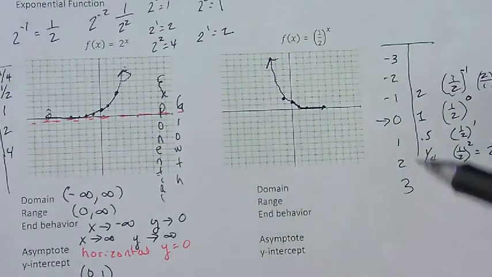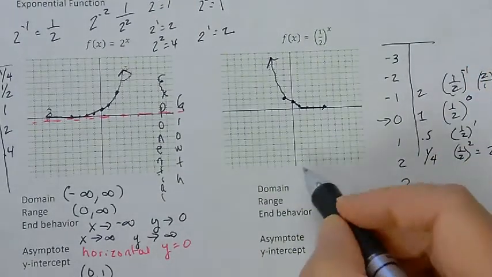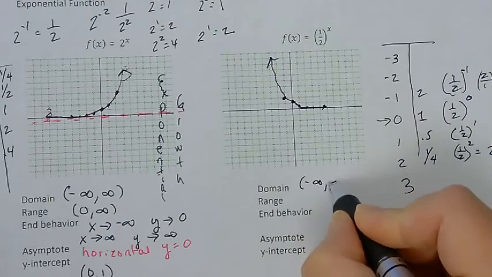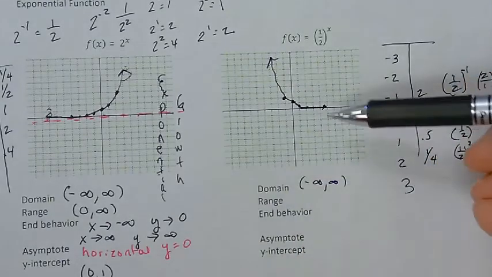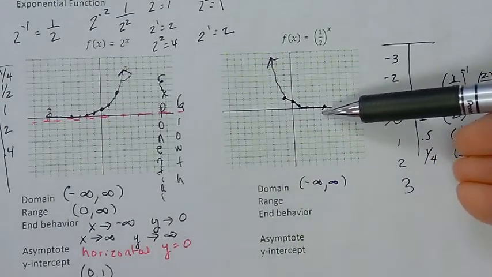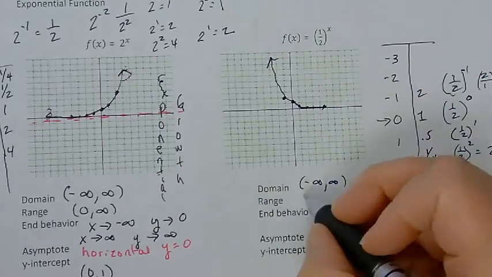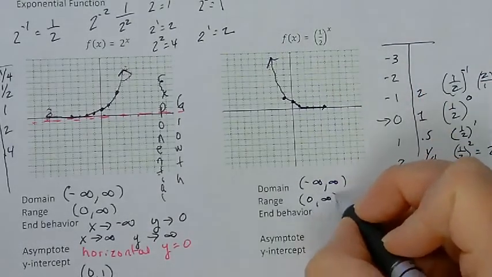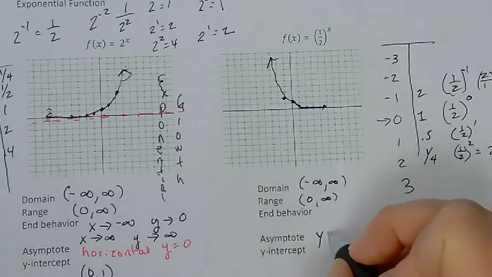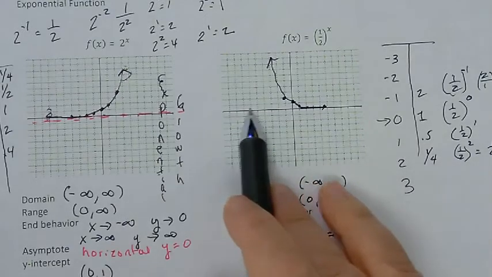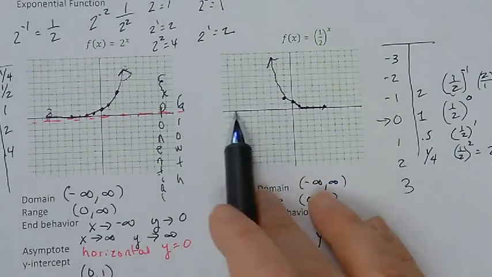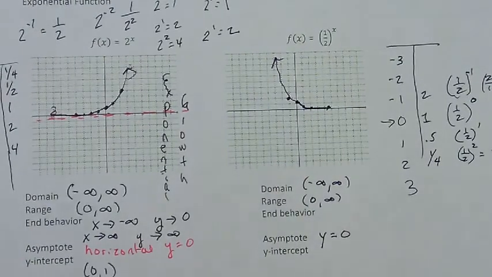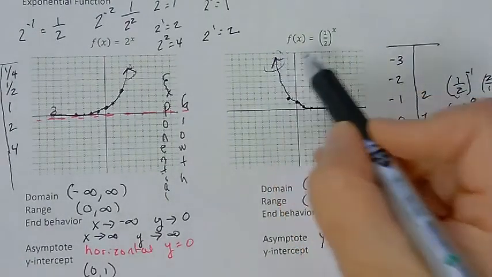So again, the domain, I can put whatever number I want to. I can put -infinity to infinity. The range, again, the output value is going to start at 0 and go to infinity. So that means that the asymptote, again, is at y equals 0. This is a line that the graph is going to approach but never touch. The end behavior, let's think about this end.